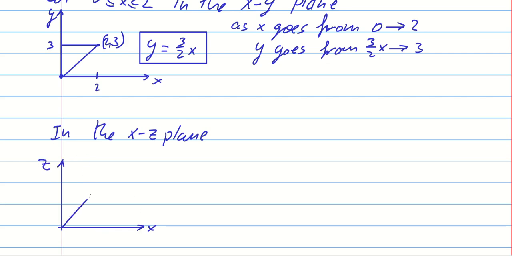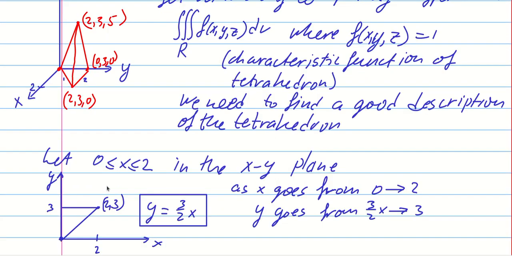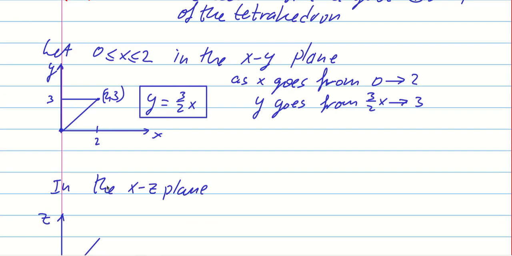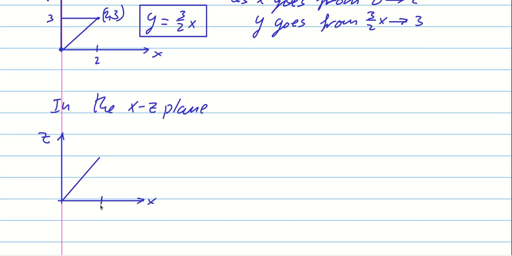We have our line sticking out like this, and it goes up to 5. So on the x-axis it's up to 2, on the z-axis it's up to 5. So this point is described by 2, 5.